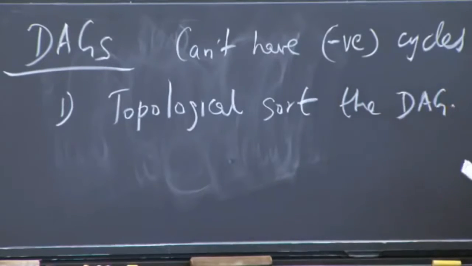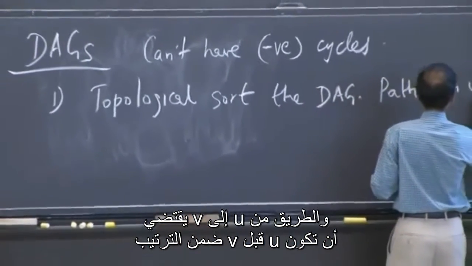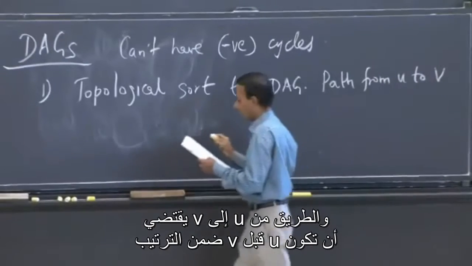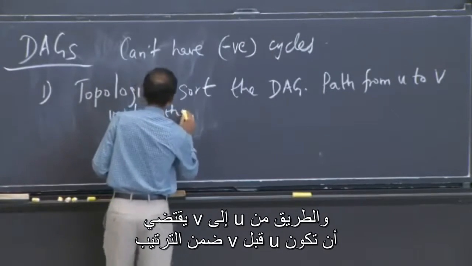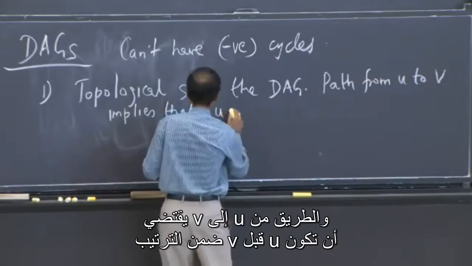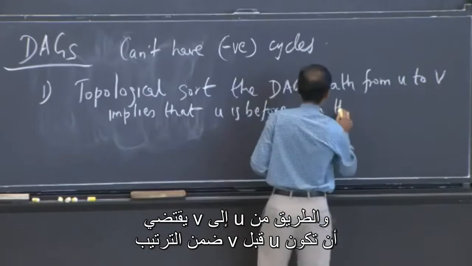And a path from u to v implies that u is before v in the ordering.